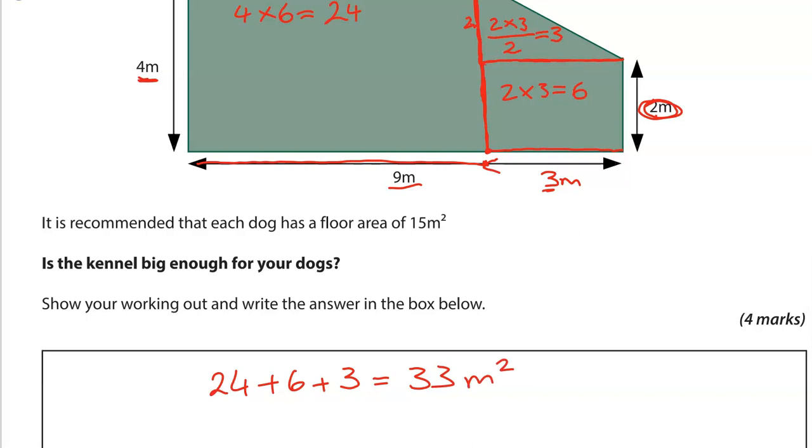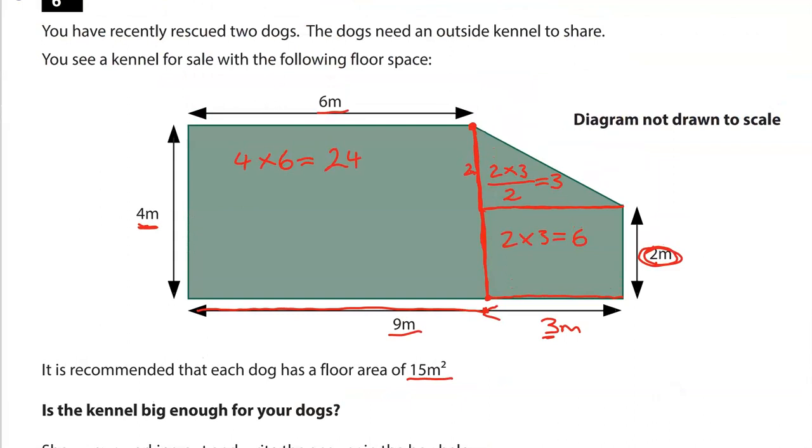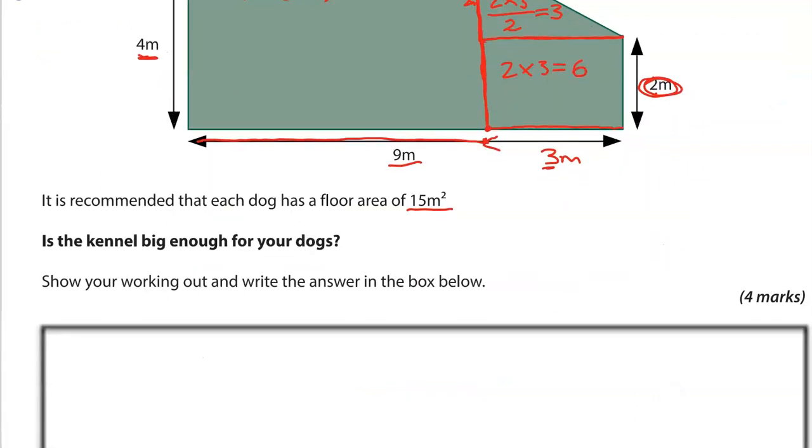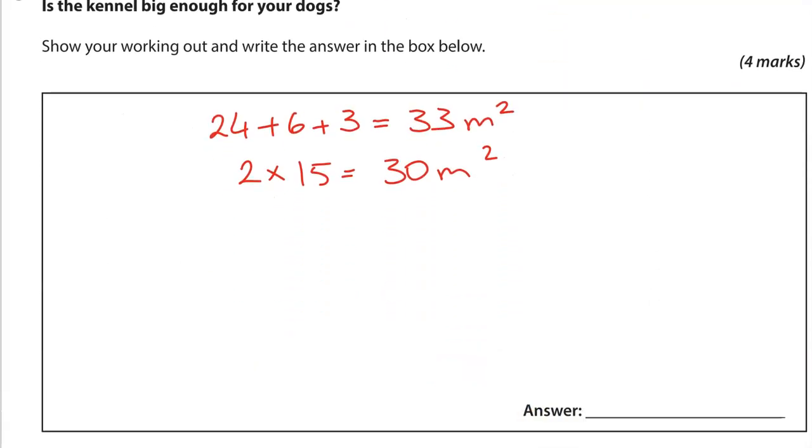And it's recommended that each dog has a floor area of 15 square meters, and it's actually 2 dogs. So 2 times 15, that is 30 square meters needed. This is 33, so it's even more than is needed. So is the kennel big enough for your dogs? We're going to say yes.